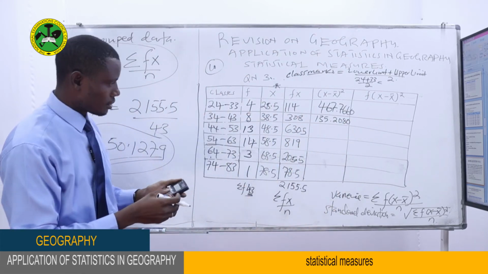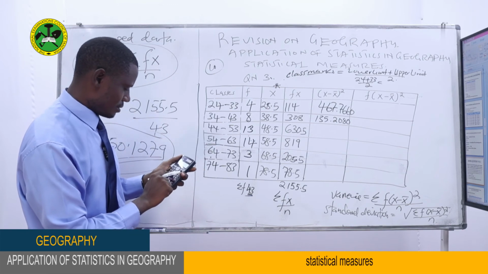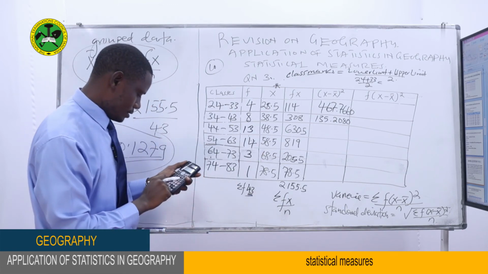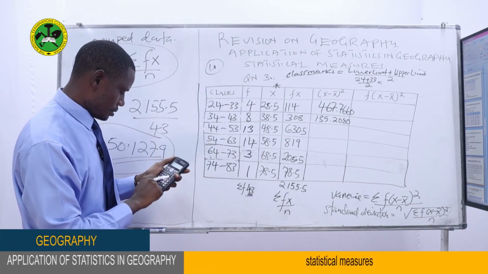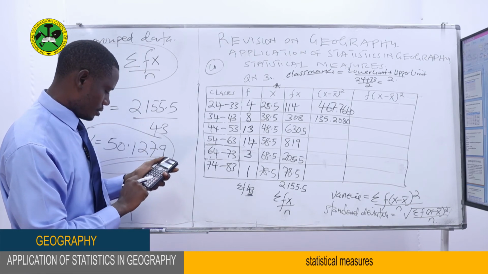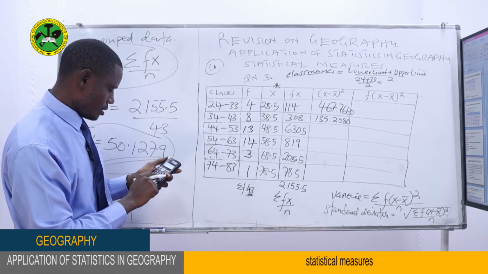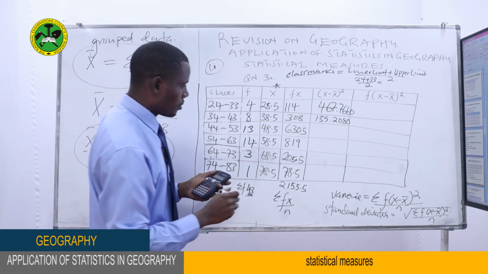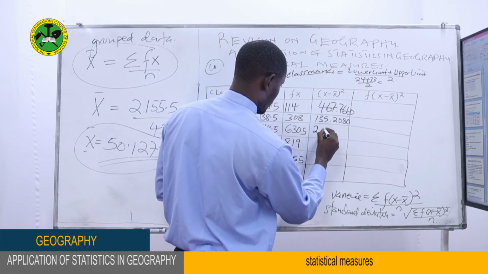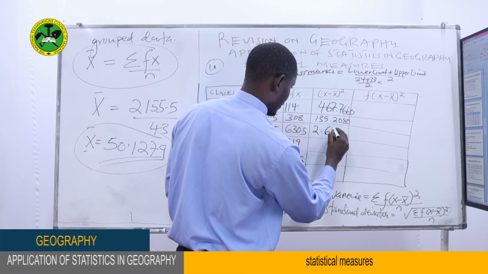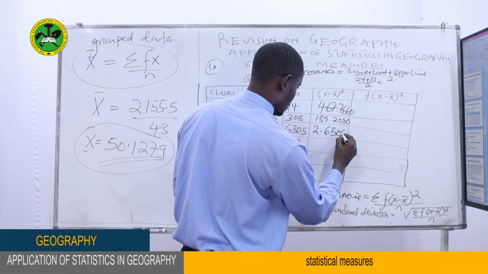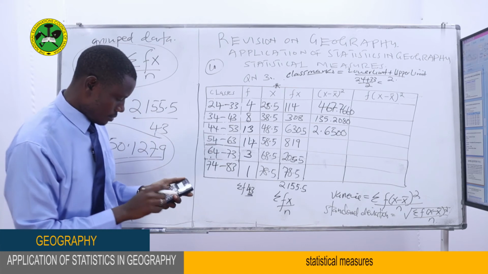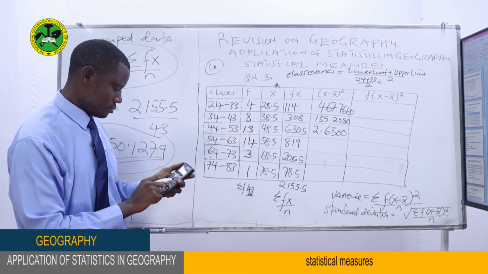Then we go for the next column, bracket 48.5 minus 50.1279, that's our mean, bracket square. Then we come up with 2.6500.